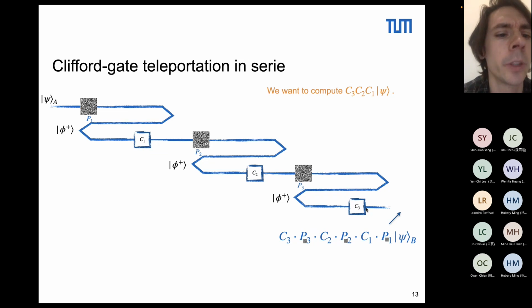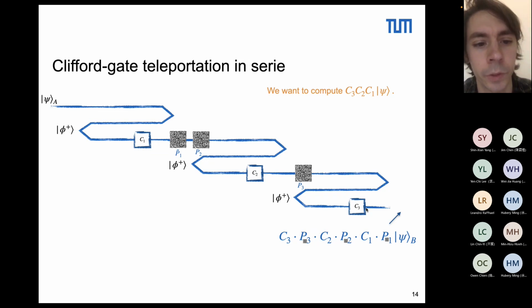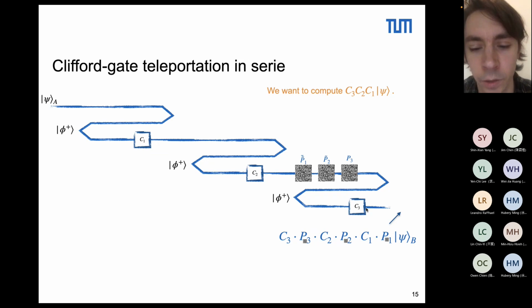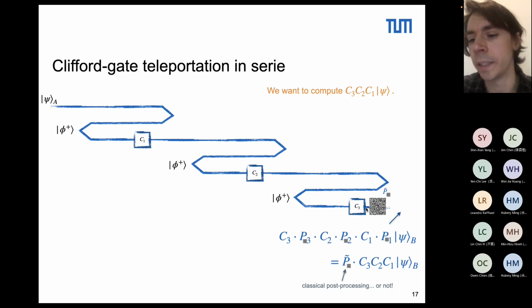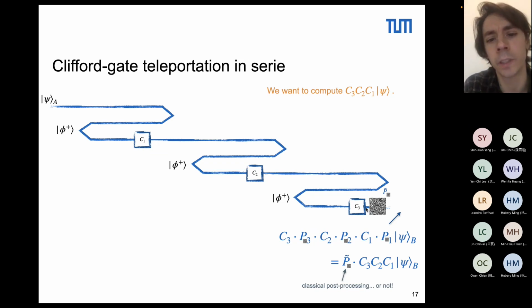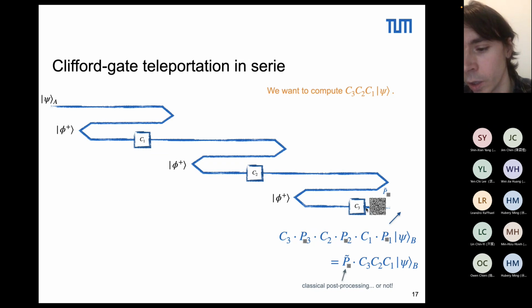And then we use this property of commutation to see that our first Pauli gate, we can see it as a different Pauli gate that is applied after the first Clifford. And then we can do the same thing with these two and commute them at the end of the third one. And finally, we can group them and put them all at the end of the computation. And now what we see is that the result of this computation is going to be the state that we want, the three Clifford gates applied, with at the end some Pauli noise, which is one random Pauli matrix.